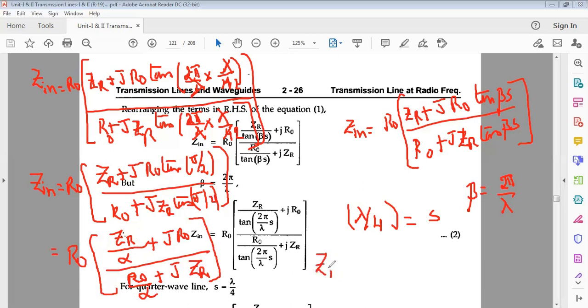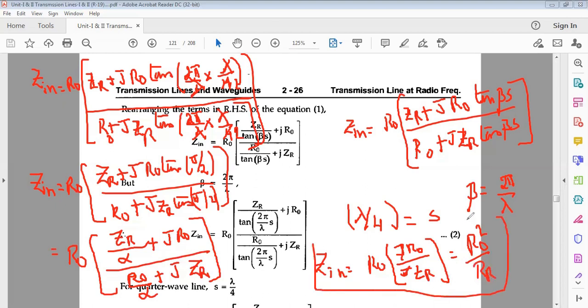So Zin is equal to R0 into 0 plus J R0, so J into R0, whole divided by 0 plus J into ZR. So the Js get cancelled, and it becomes R0 square, and we can change this ZR as RR.